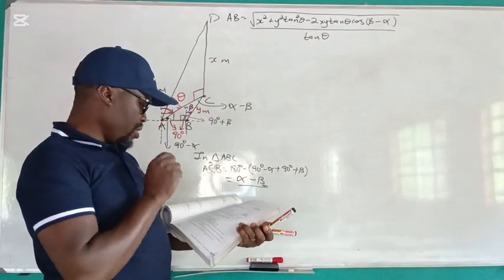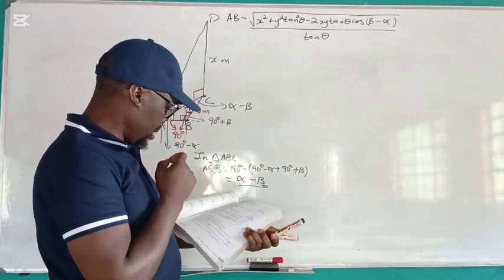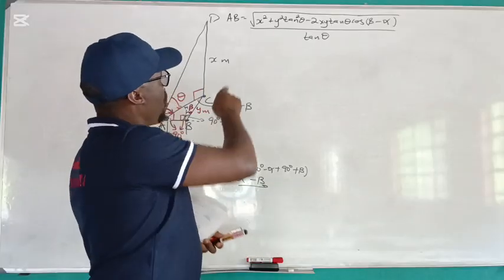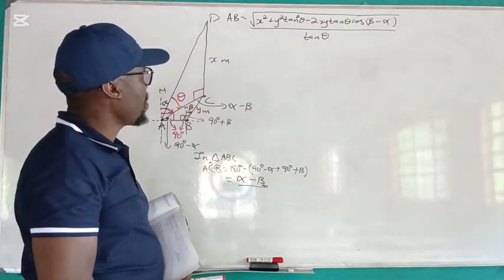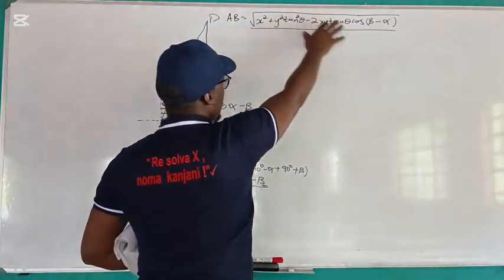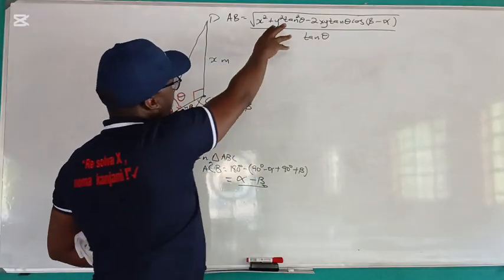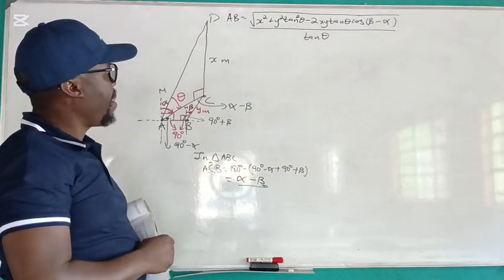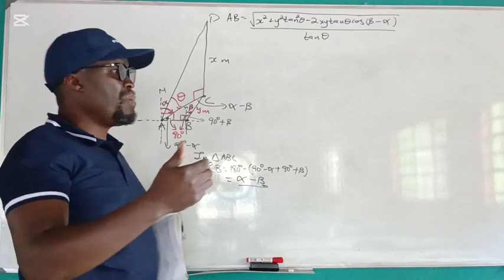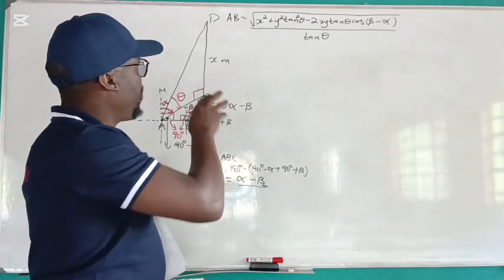Now let's move on to the second instruction, wherein we are instructed to show that AB is equal to that. We have to analyze the manner in which that setup is structured and come up with a suitable way of approaching it.